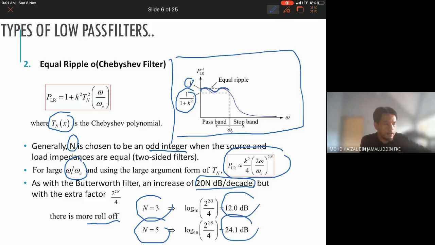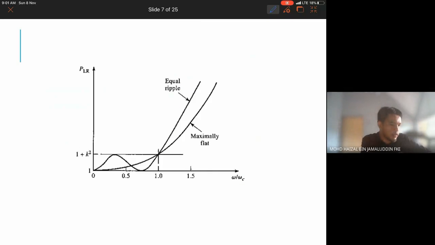So here is the comparison of the equal ripple and maximally flat. So equal ripple, of course, the difference is it has a ripple. Okay, whether 0.513 dB, so it has a problem with ripple. However, it has a sharp cutoff frequency compared to the maximally flat.